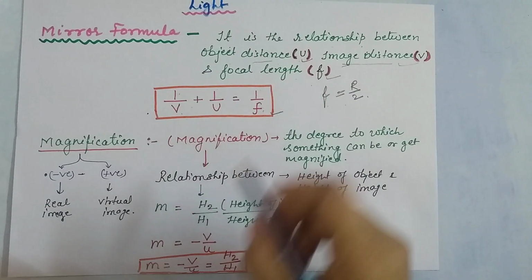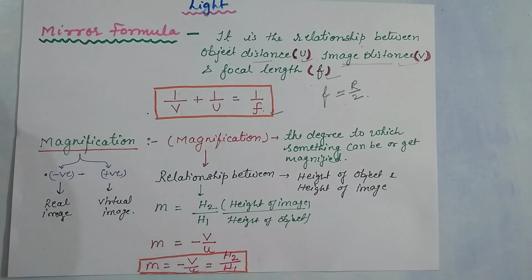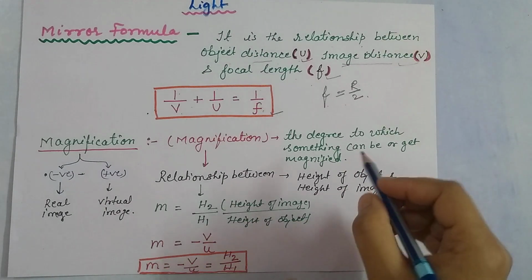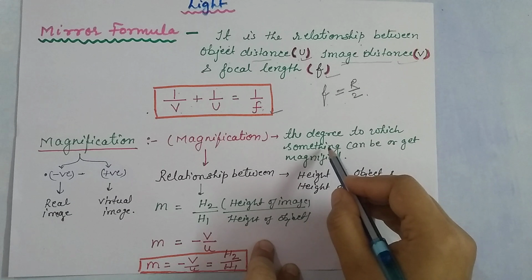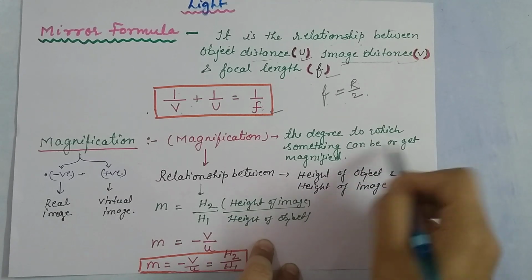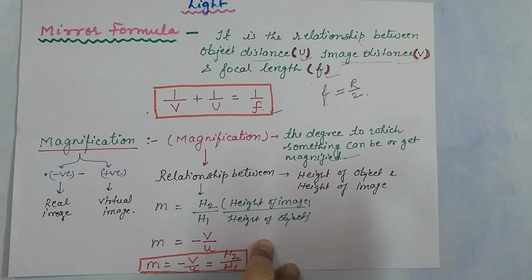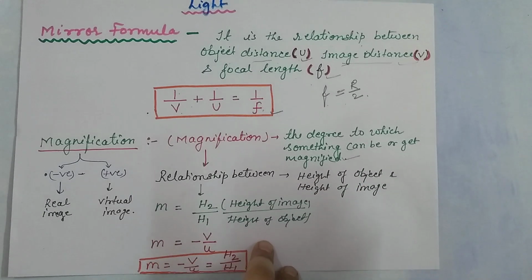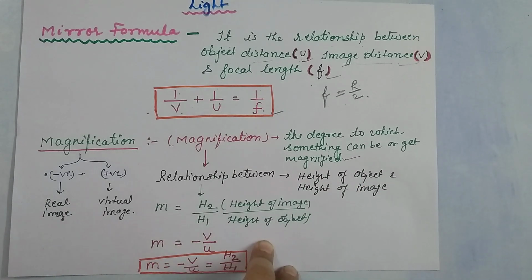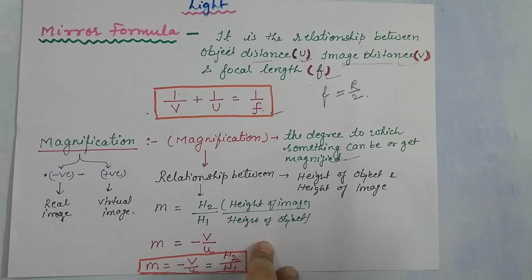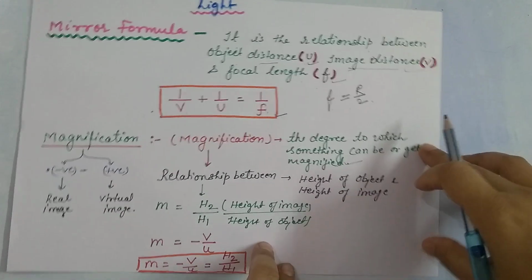Now next one, magnification. What do we mean by magnification? Literally, it means the degree to which something can be magnified. It is a relative and comparative study of how much larger or smaller the image we get is related to the object.